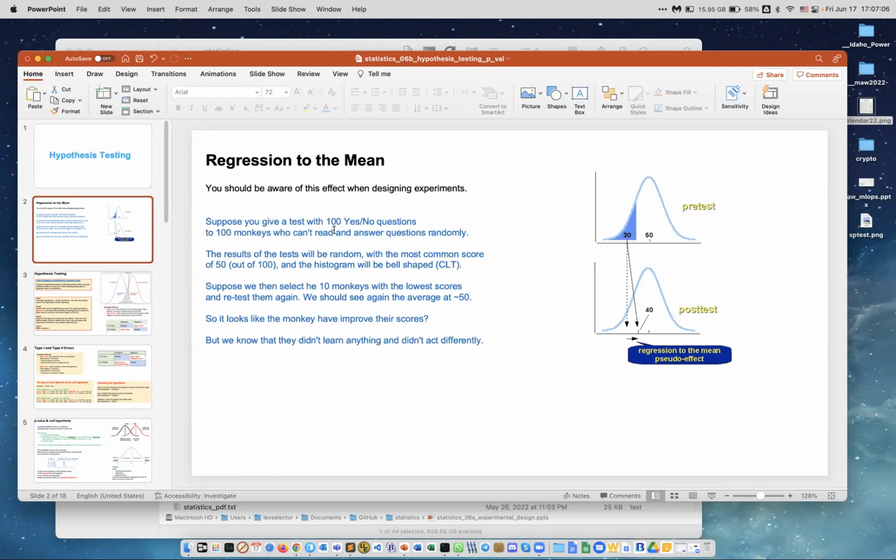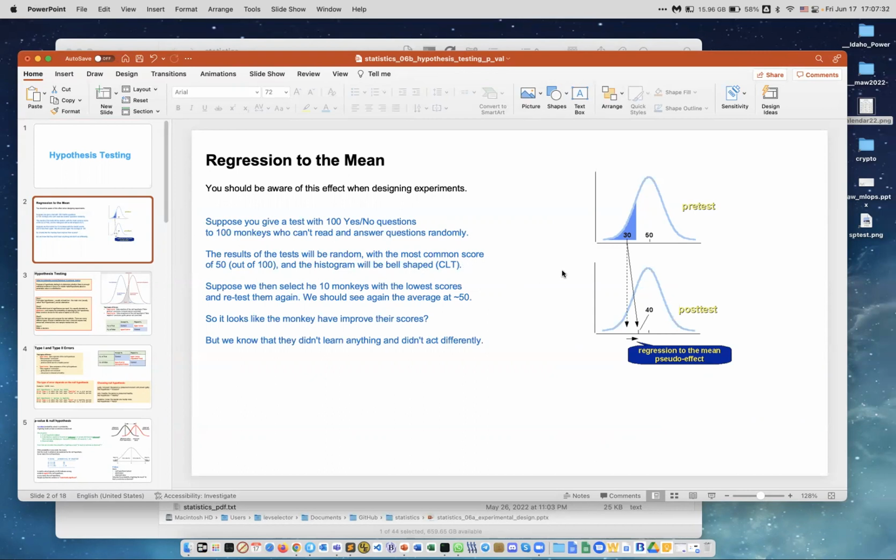Suppose you give a test of 100 yes and no questions to 100 monkeys who cannot read or answer questions, so they answer them randomly, and the results will be random. Most common score will be 50 out of 100, and the histogram will be bell-shaped, right? So it's a completely random situation.